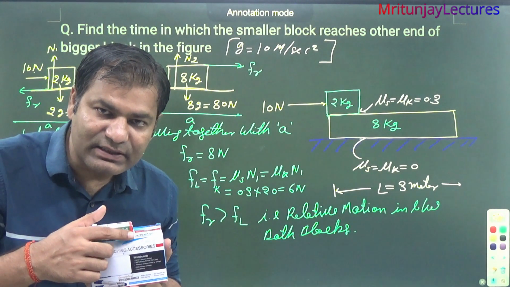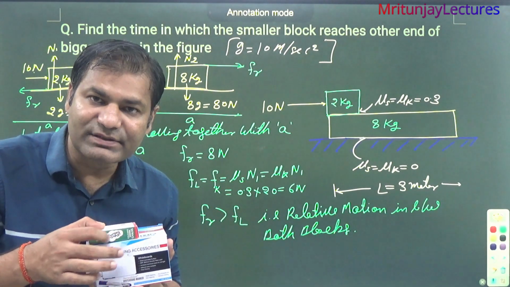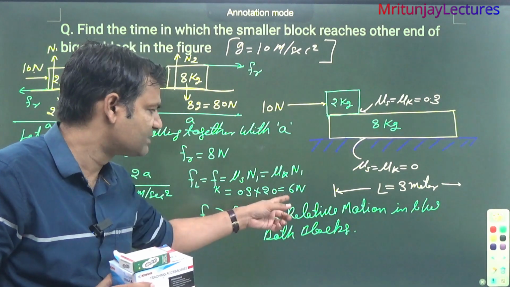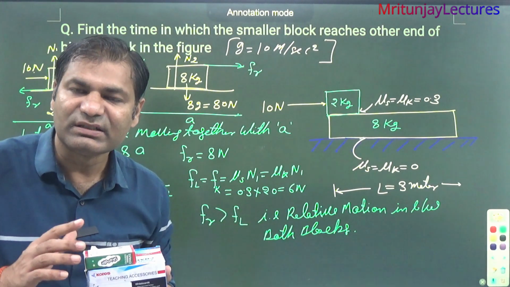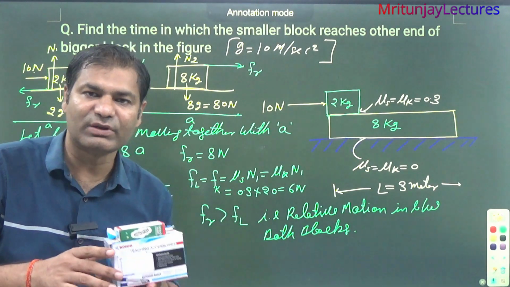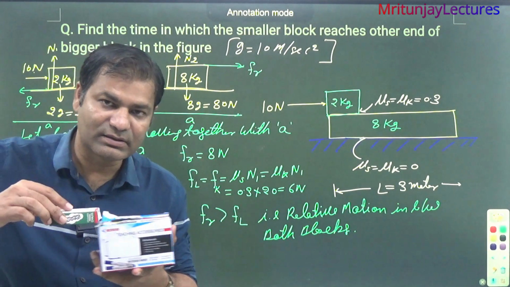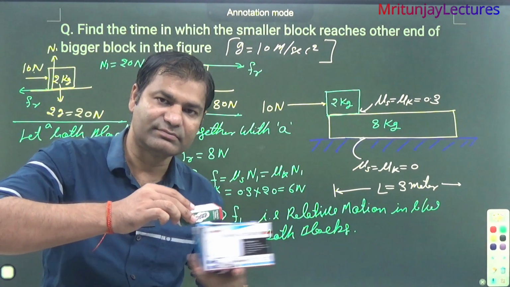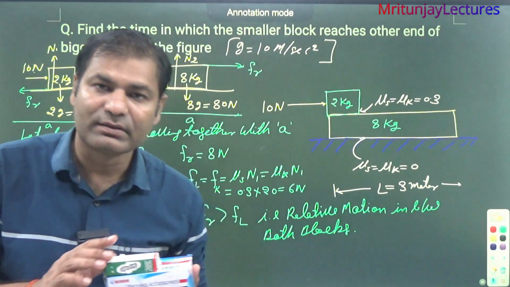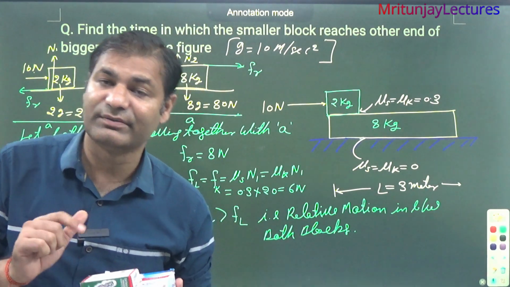the required frictional force here is 8 Newton, but the maximum limiting frictional force provided here is only 6. It means relative motion is possible. What is the meaning of that? It means we apply force here, then this one goes on here, and both are moving but with different acceleration.